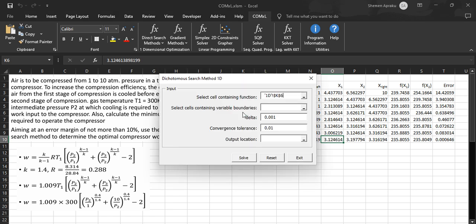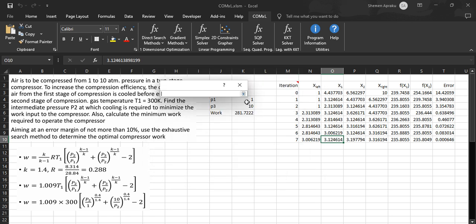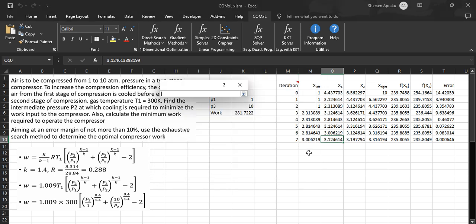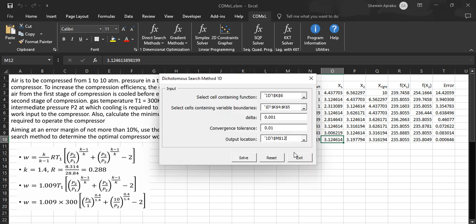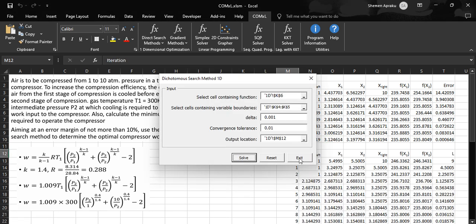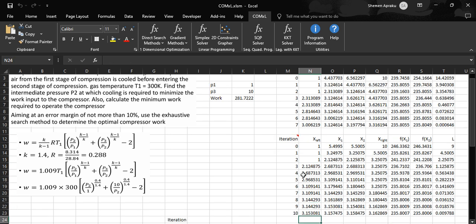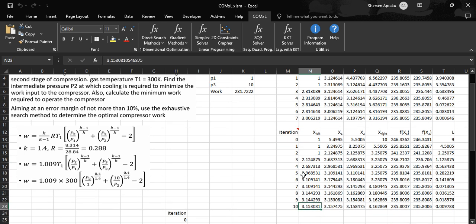Now with that same objective function and the function boundaries, use the dichotomous search method. So it says select cell containing function. We select our function cell, select cells containing boundaries. And delta, we keep it at the normal delta. So output location, we select here and we click on solve.